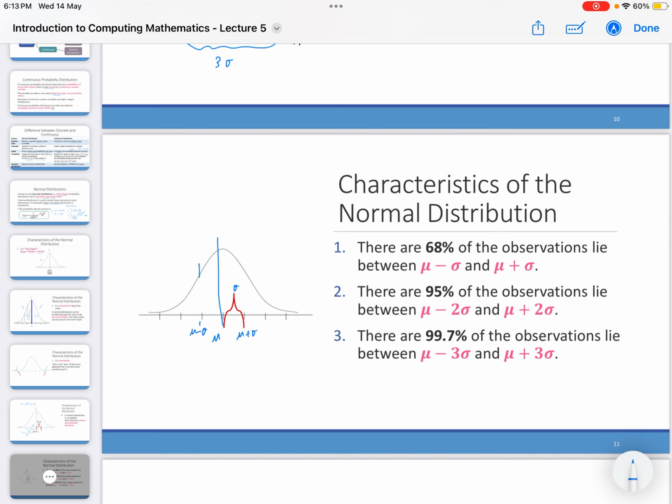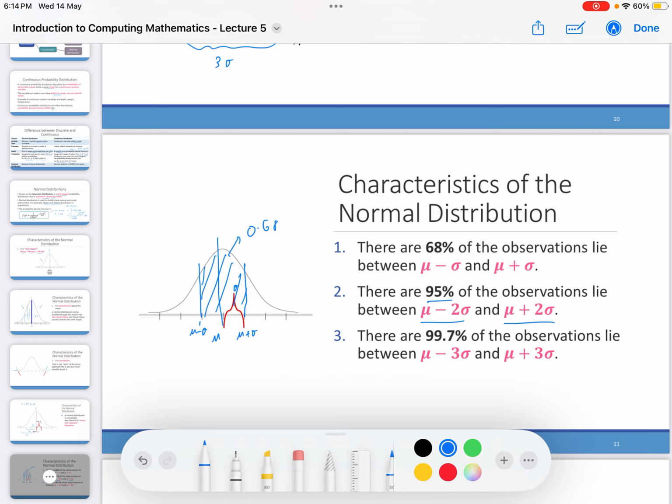So 68% of the observations will be between these two values. That means the probability under this curve will be 0.68, and then 95% of the observations will lie between mu minus 2 sigma and mu plus 2 sigma.